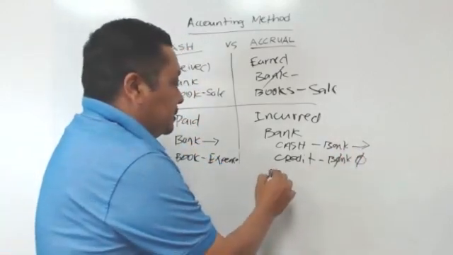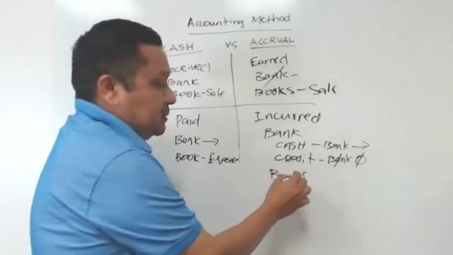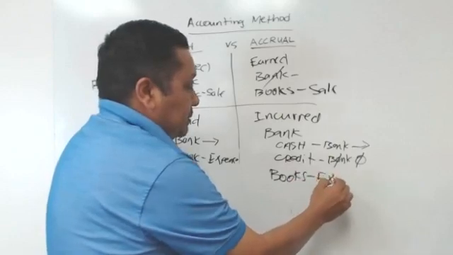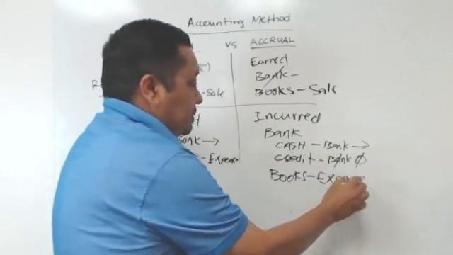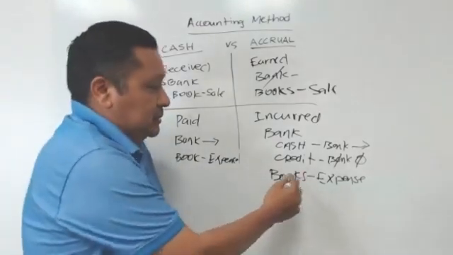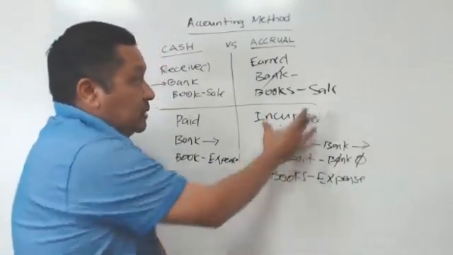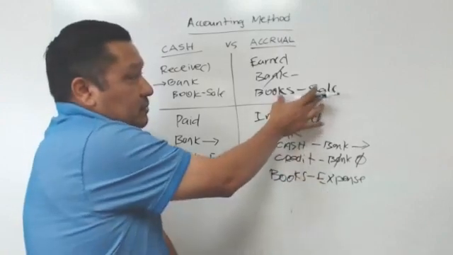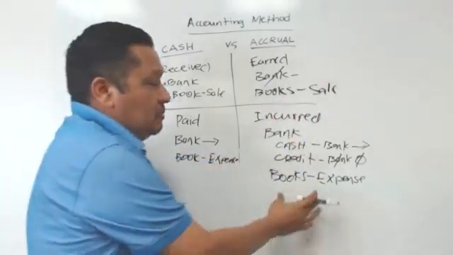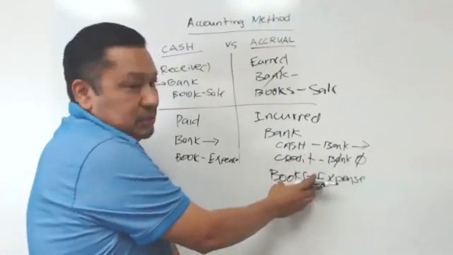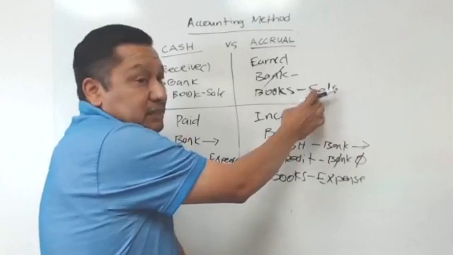But on the books, it's recorded as an expense. So on the accrual side, your expenses match your sale. When you have that sale, you have an accurate reading of what you spent to make that sale.